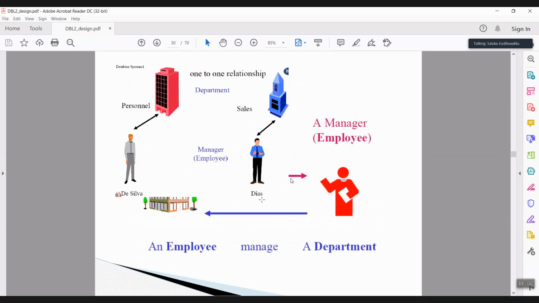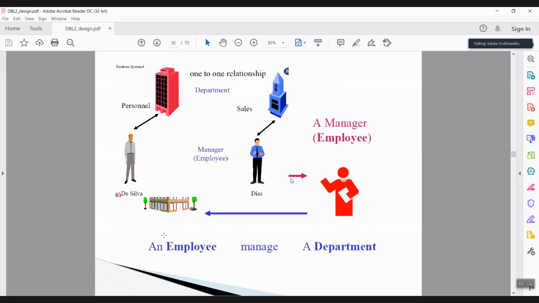And then further, what we talk about here is the one-to-one relationship. There are several relationships we talk about, out of which we consider binary relationships between two entities. If we consider a department, employees manage the department, and an employee manages a department.